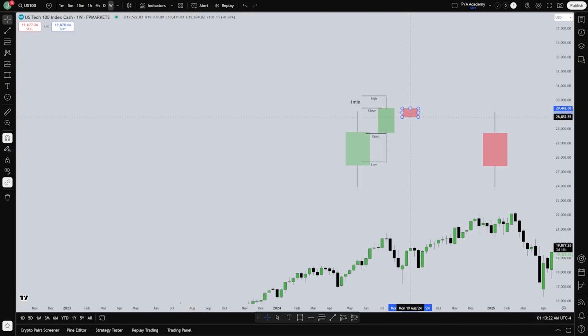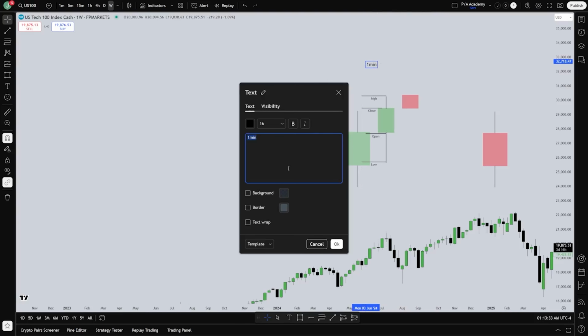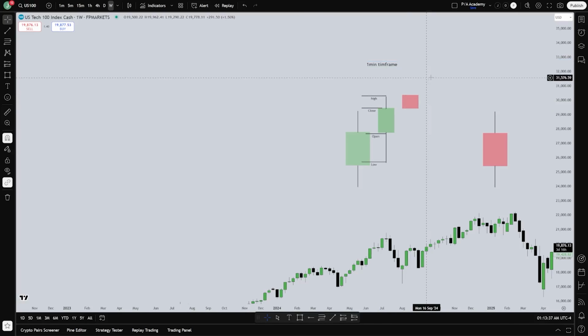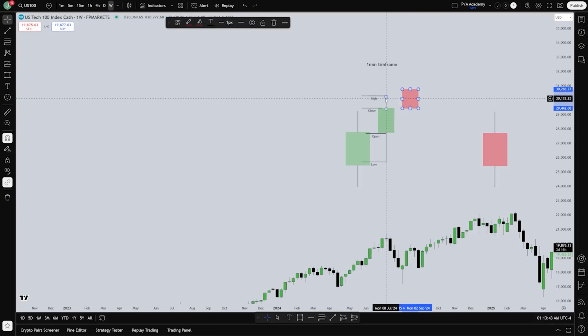So the candlestick opens here. It goes up a little bit. Remember, this is the 1 minute time frame, guys. So it bobs up, sweeps this high, goes above the high of this candlestick.